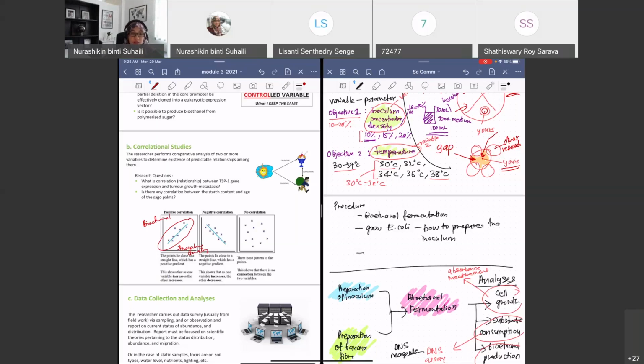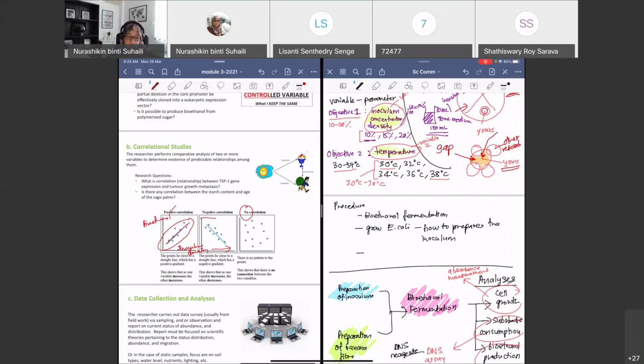So it's directly proportional. Negative correlation is when you increase the inoculum density and the ethanol concentration is decreasing.